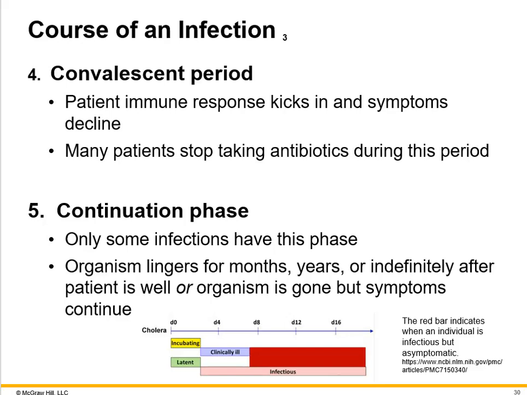Because they were asymptomatic for cholera, they ended up spreading cholera to the people of Haiti and caused a cholera epidemic of some 500,000 cases, and some 7,000 individuals ended up dying from cholera in Haiti. This was back in about 2010. So once again, that asymptomatic phase can be a real issue, right? When you're not showing any symptoms at all and you're still able to spread the disease.